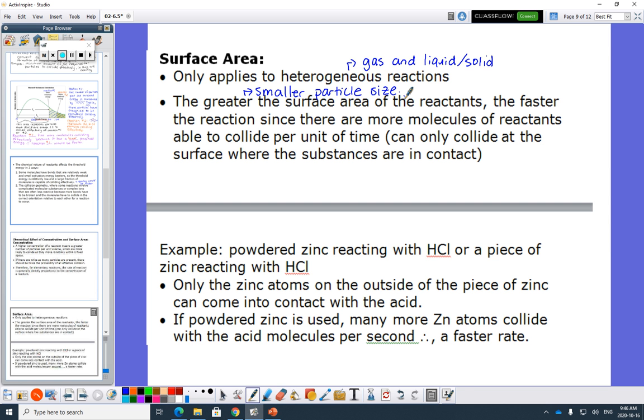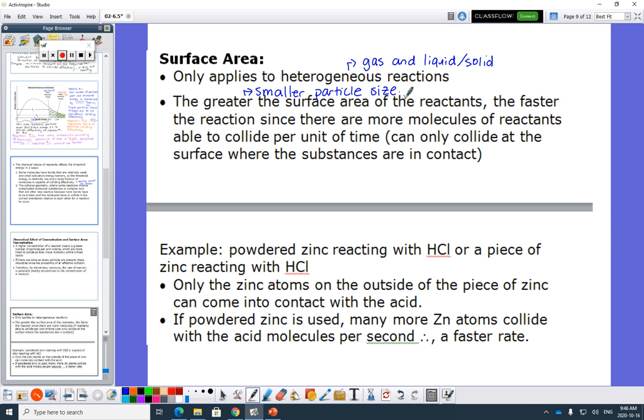So again, the more surfaces that are available for contact, the faster the reaction will go. So this example is using powdered zinc versus a chunk of zinc.